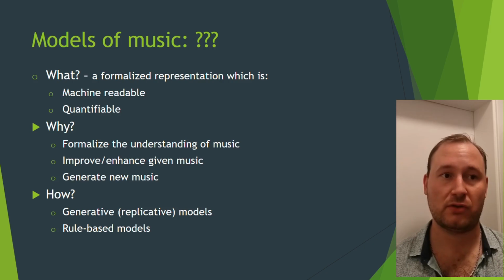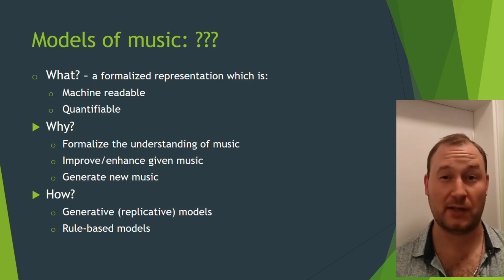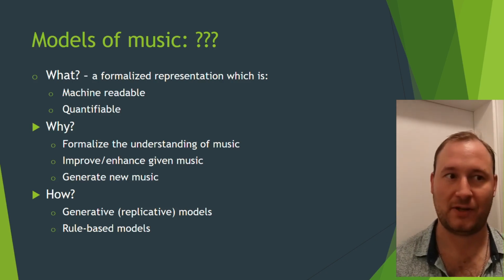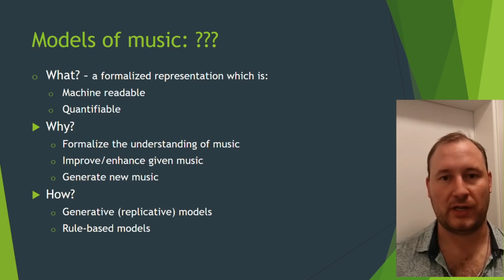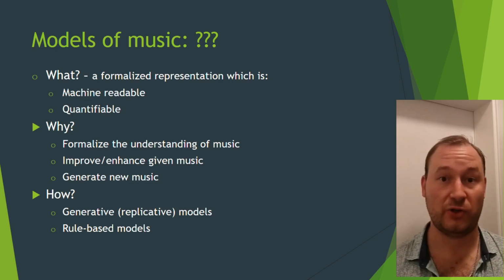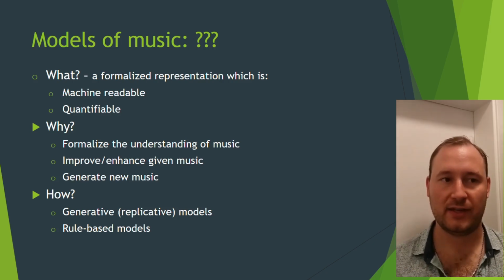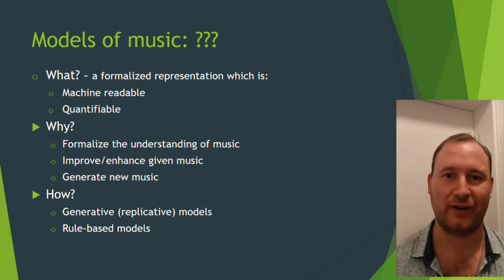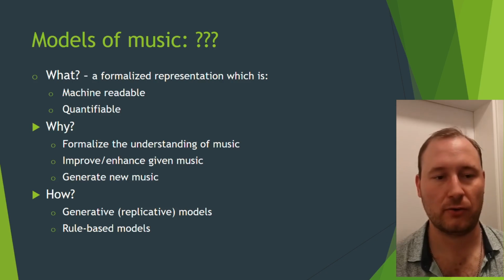Why are they used? For example, to formalize understanding of music, to better distinguish it from speech, from sound. This can be useful. Also, to enhance or improve given music or generate a new one. And how can this be done? Via generative models, which often are actually replicative, and rule-based models.